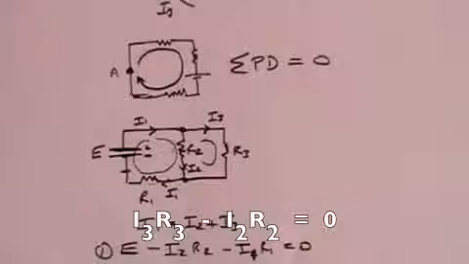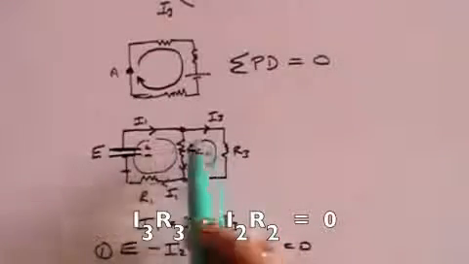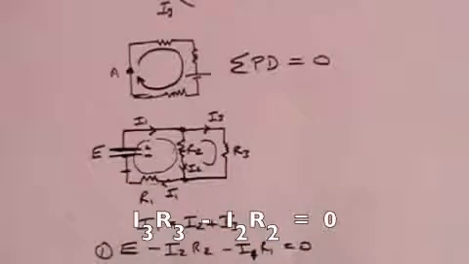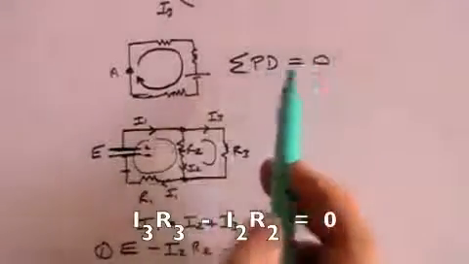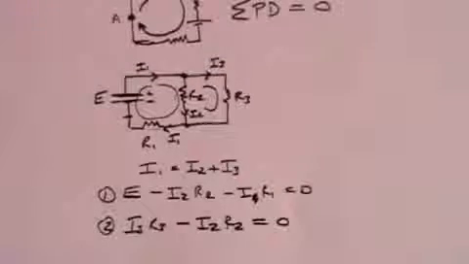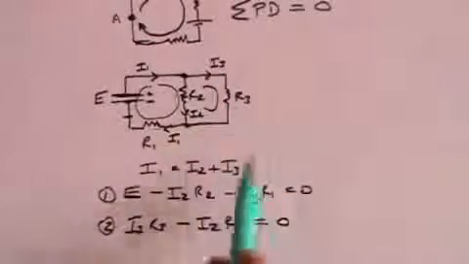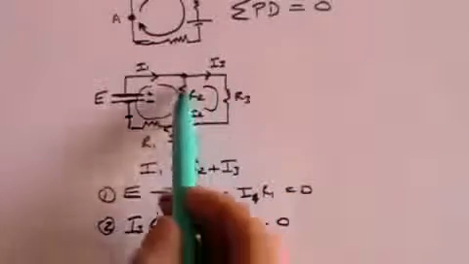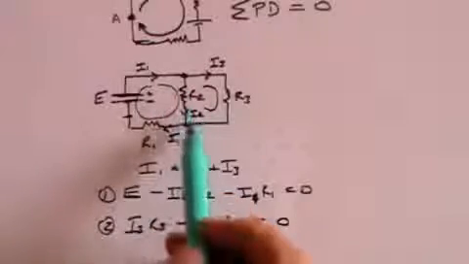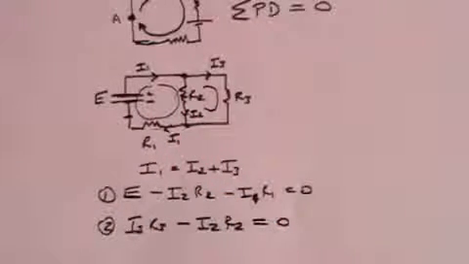So that will be minus I2R2. And that's all there is in that circuit. There is no battery. And that equals 0 because the sum of the potential differences is 0. Sorry, I did it right, but I didn't let you see it. So it's I3R3, the current through here, minus I2R2 because we're going in the opposite direction of I2, equals 0.